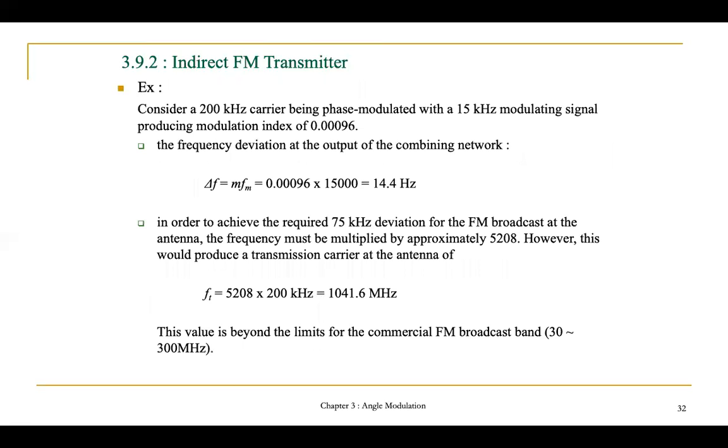Okay. So now let's look at this example. Consider a 200 kHz carrier being phase modulated with a 15 kHz modulating signal producing a modulation index of 0.00096.